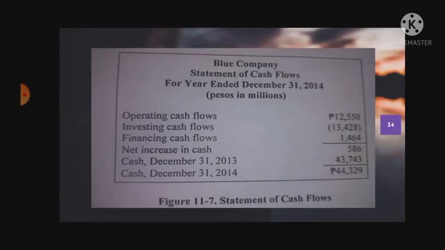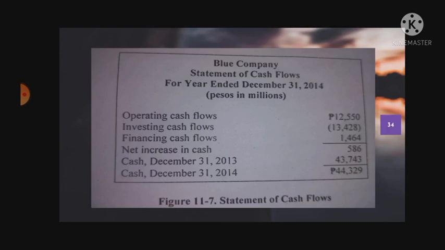So, this is an example of statement of cash flows. Blue Company, which is the name of the company, statement of cash flows for year ended December 31, 2014. Operating cash flows, which are the operating activities.